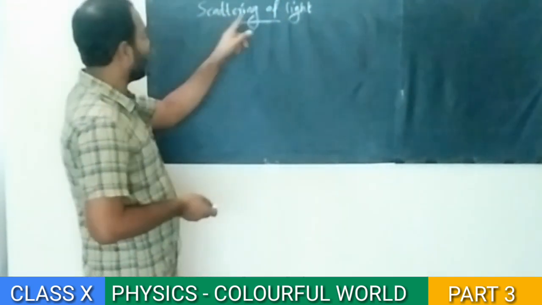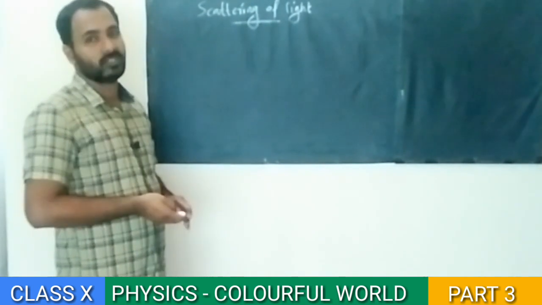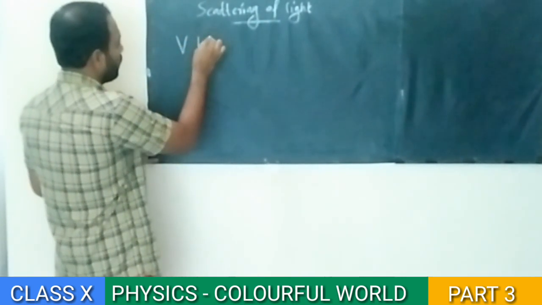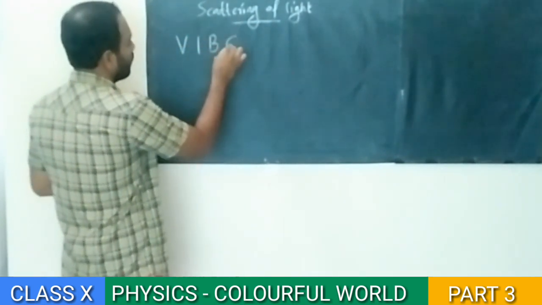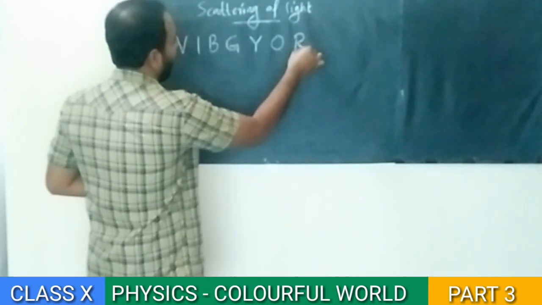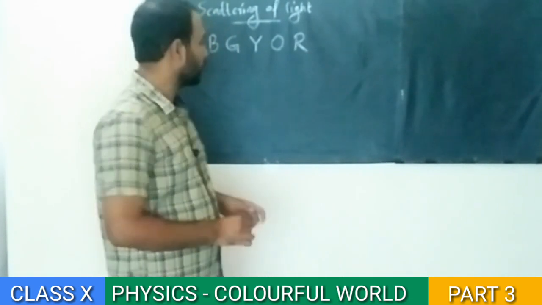Due to the scattering of light, light scatters in all directions. We know there are 7 colors: violet, indigo, blue, green, yellow, orange and red. What are the properties of these colors?